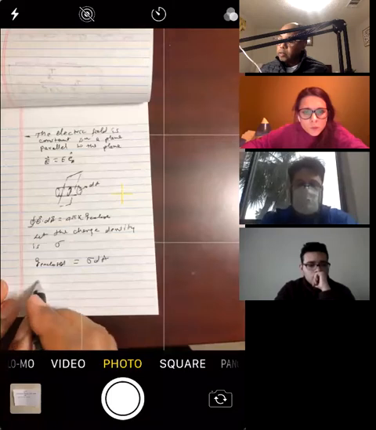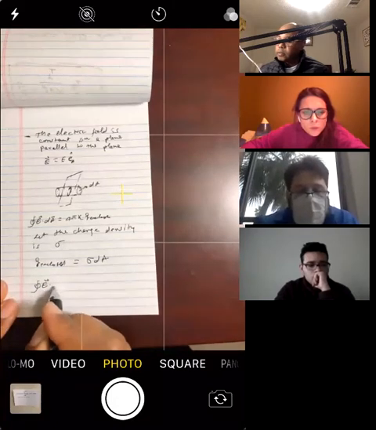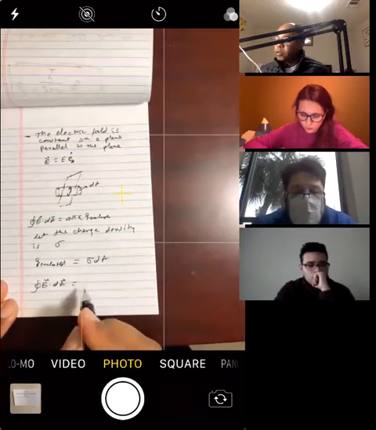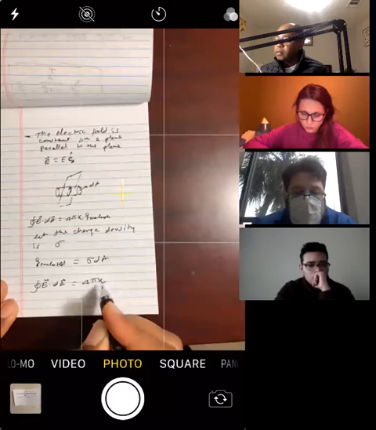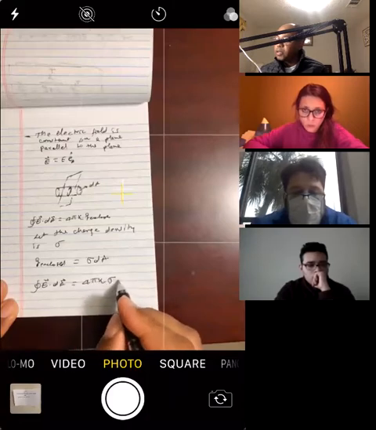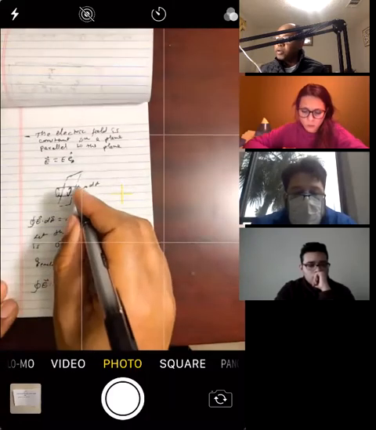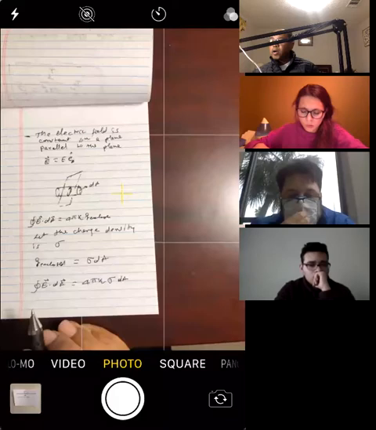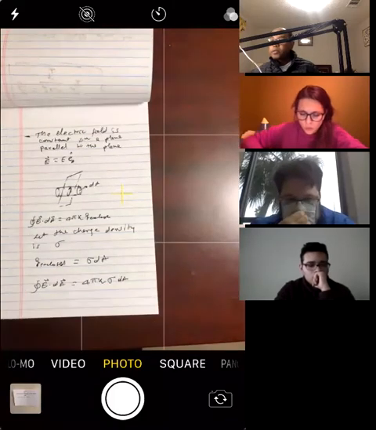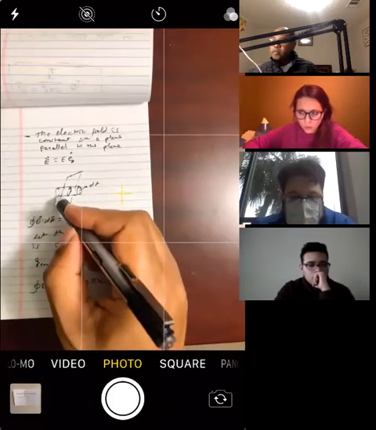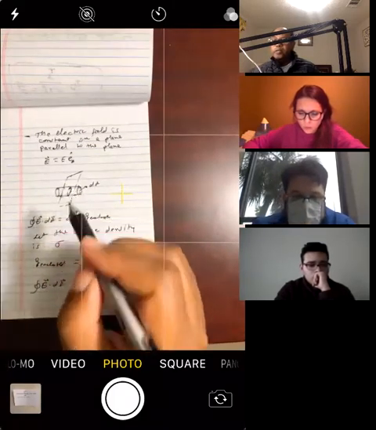So I have the following now. This surface integral equals 4 pi k times the charge density times the area dA. I'm going to divide this into three parts: the left end, the right end, and the curved surface.